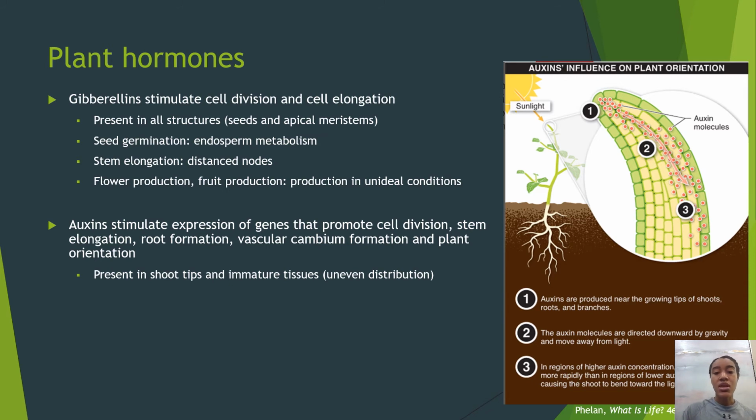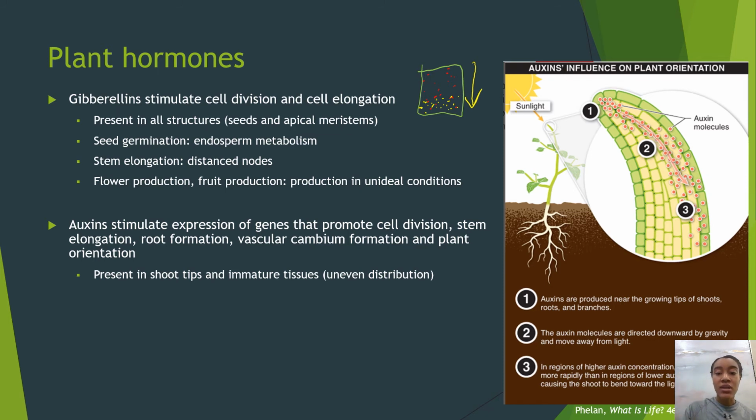Gibberellins, if you have a cell, are more evenly distributed throughout that cell's cytoplasm. Auxins, however, are not. Auxin concentrations are highly influenced by factors such as gravity and light. Gravity pulls downward, and this will cause auxins to be concentrated towards the down, if you will, of the cell.